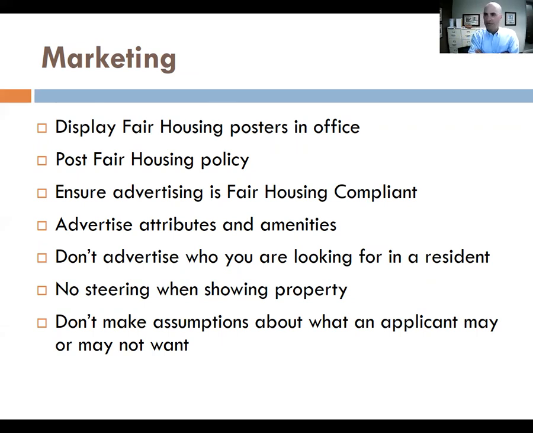Make sure your advertising is fair housing compliant. And the bottom line there is advertise the attributes and amenities of your property. You can advertise that you have a playground, for example, but don't advertise who you're looking for as a resident.